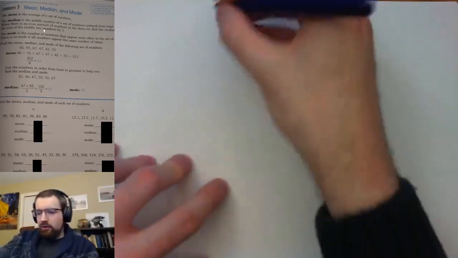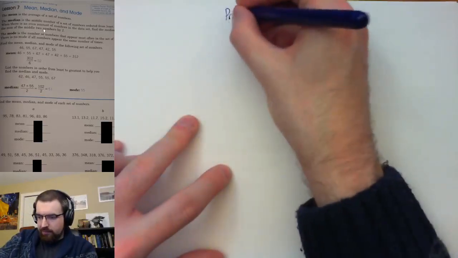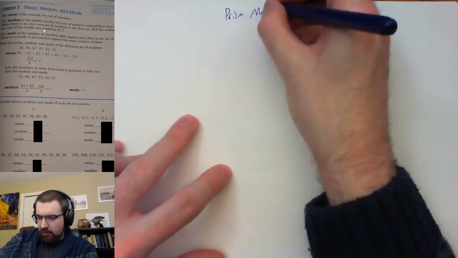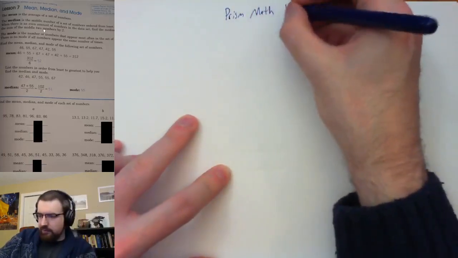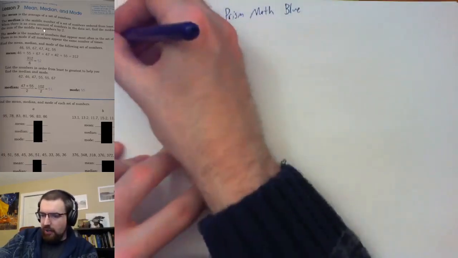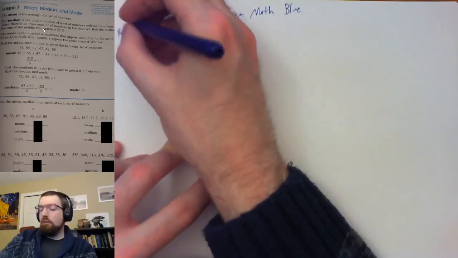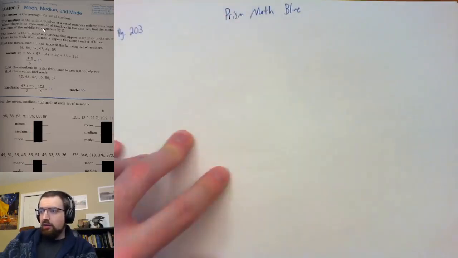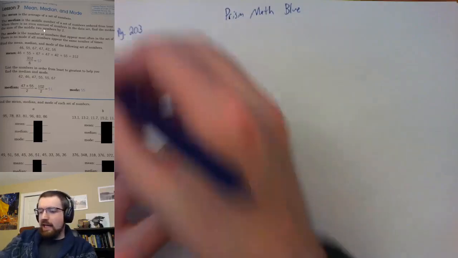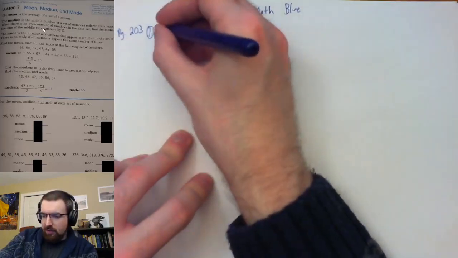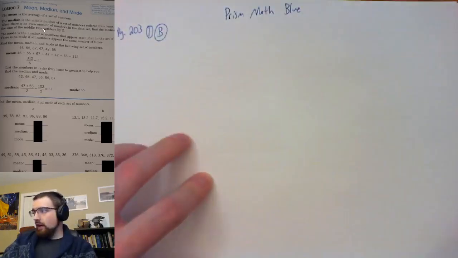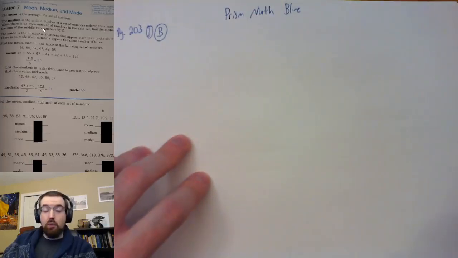Right? I'm going to do now, I said Prism Math Blue. This is going to be page 203. So I'm going to do 1B on here, and I will also do a stem and leaf plot along with it, and then I will show you how we get the mean, median, and mode partly with the stem and leaf.